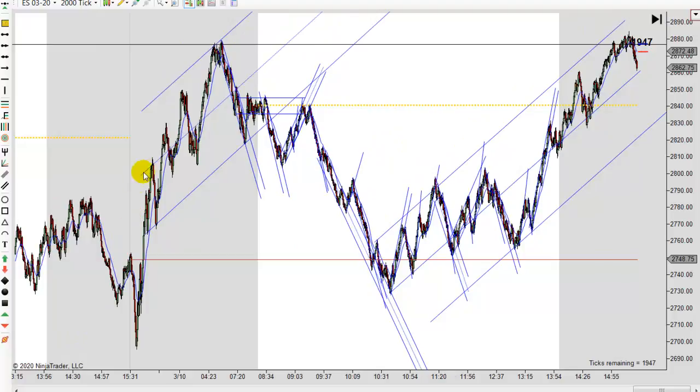Notice the gap up, the spike and channel. It could have been a little steeper here, more like this. It still plays out pretty much the same.